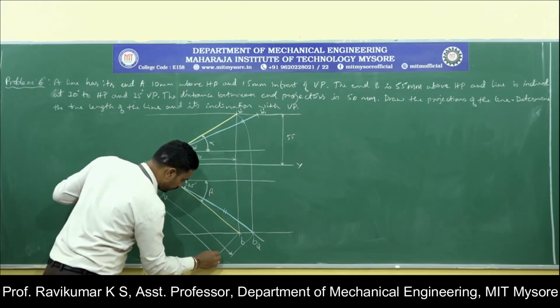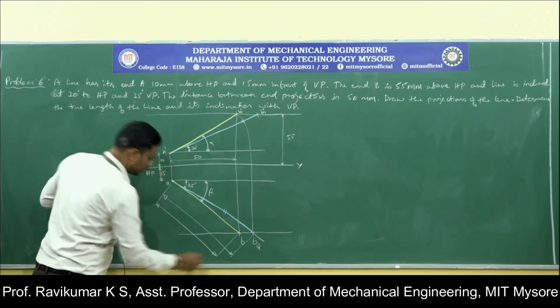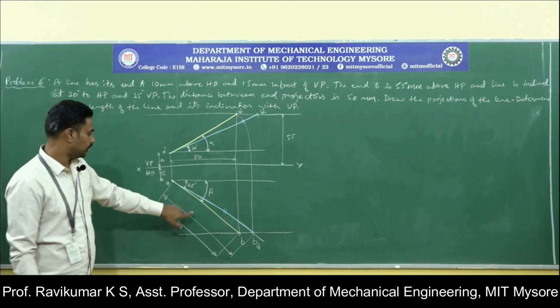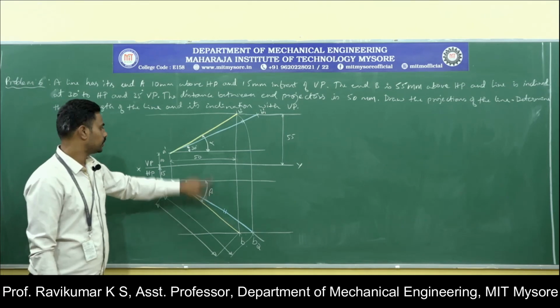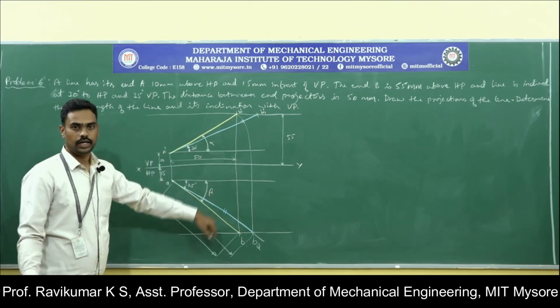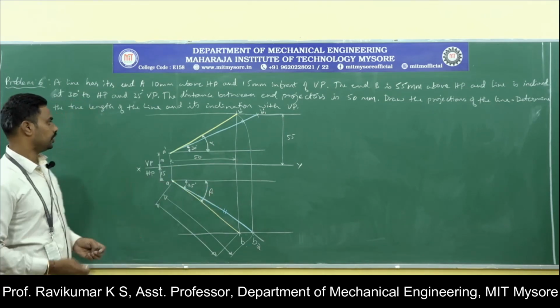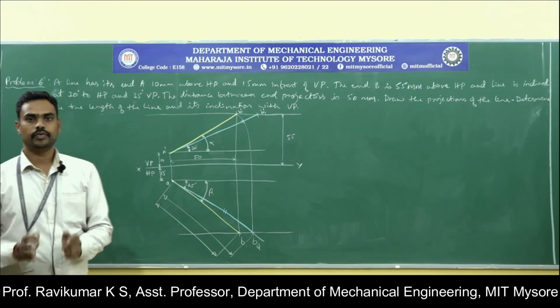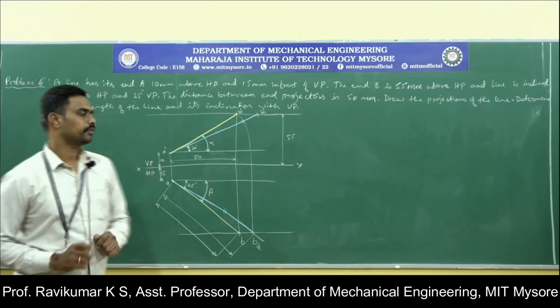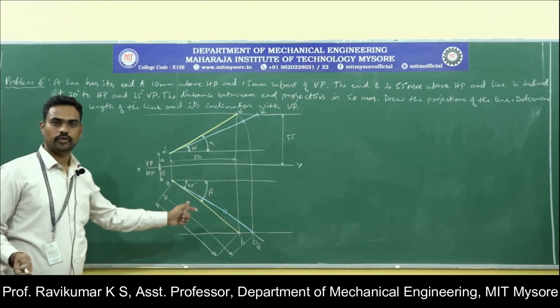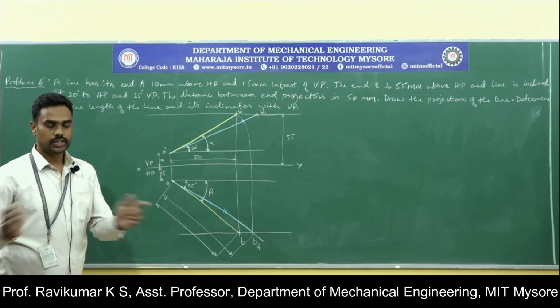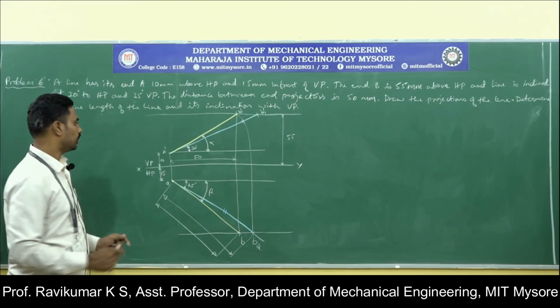So this will give you the apparent length, this will give you the true length, and these two will give you the apparent inclinations. This is how you solve a problem when the distance between end projectors is given. Here the length of the line was not given, but the distance between the end projectors was given. Okay, thank you.